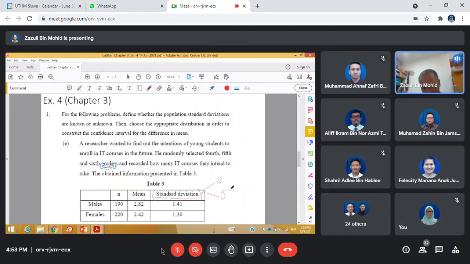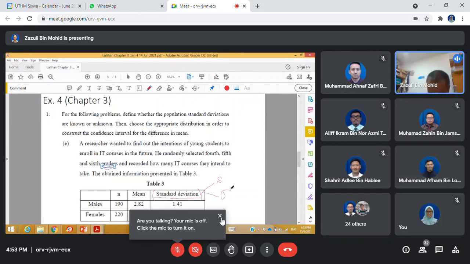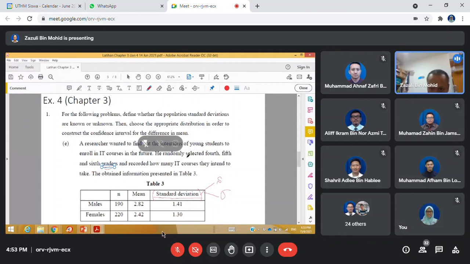How can you say it is sample? What is the clue here? You can see from the words here. Randomly selected 4th, 5th and 6th grades. Yeah, it said randomly selected. Jadi ini satu clue lah.